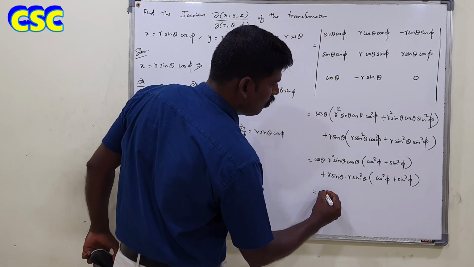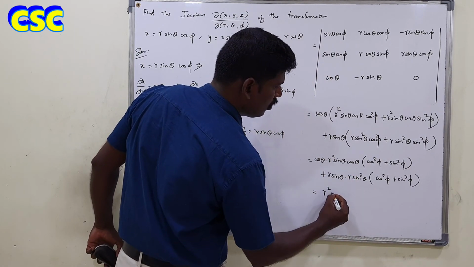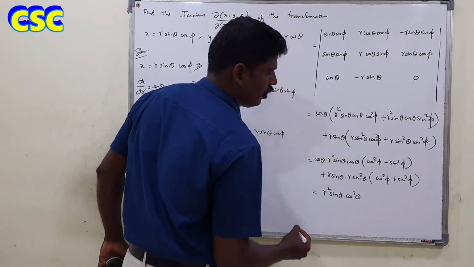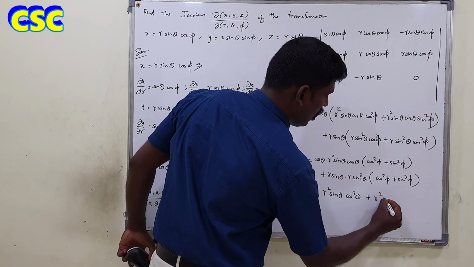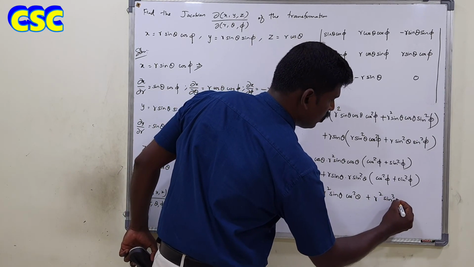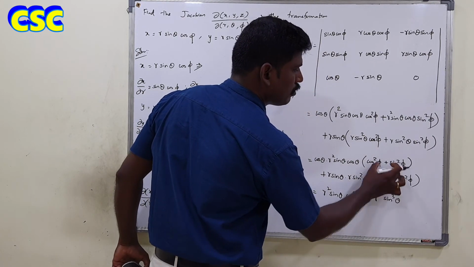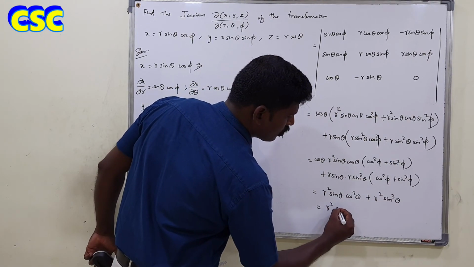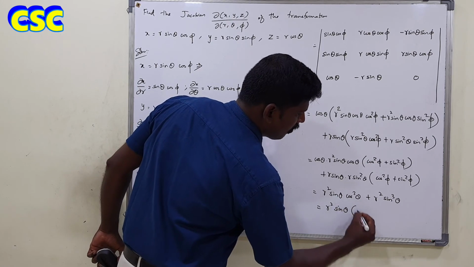So what is this value? r square sin theta cos square theta plus r square sin square theta, isn't it? These two terms become 1. Cos square pi plus sin square pi becomes 1. We can take r square sin theta as common from both of the two terms.